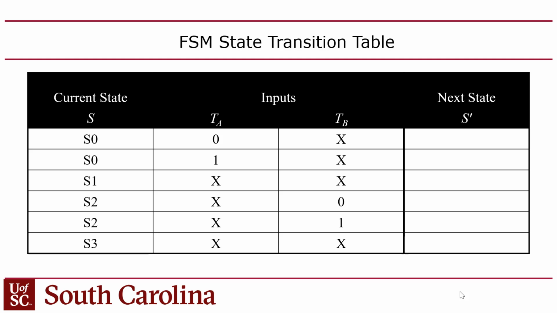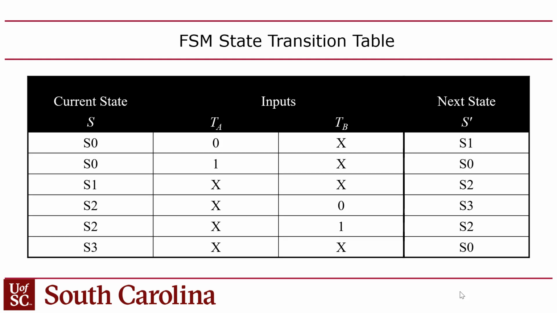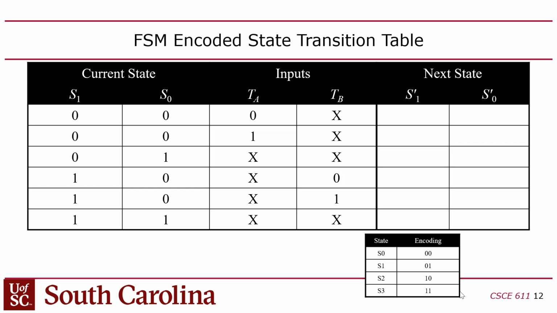If you're in S0 and you have traffic on academic, then you're going to want to go to S1. So you can fill in those values as such. So basically you just look at all the arrows in your state machine and you use those to build the table.